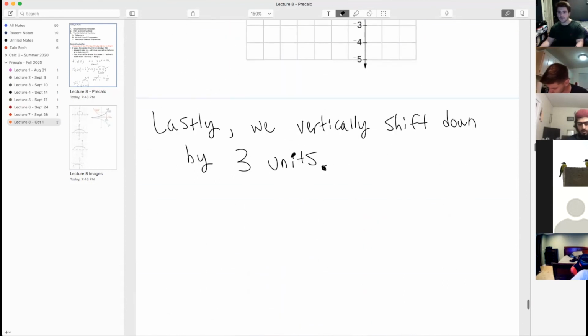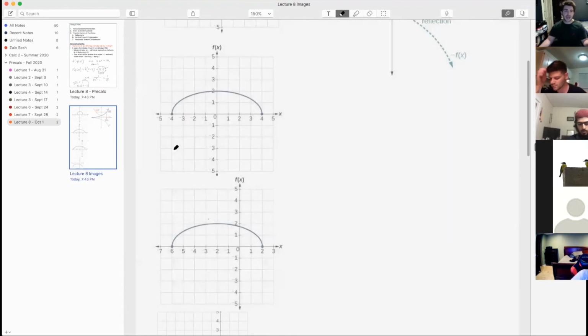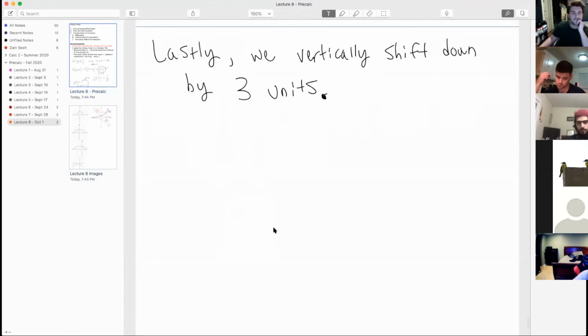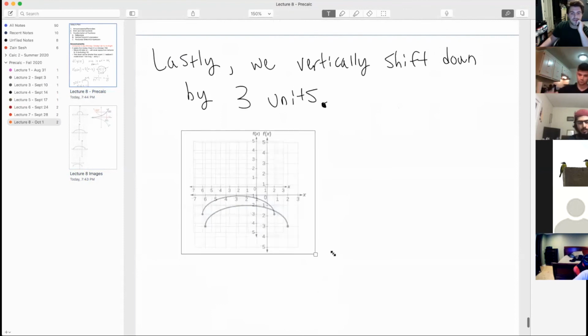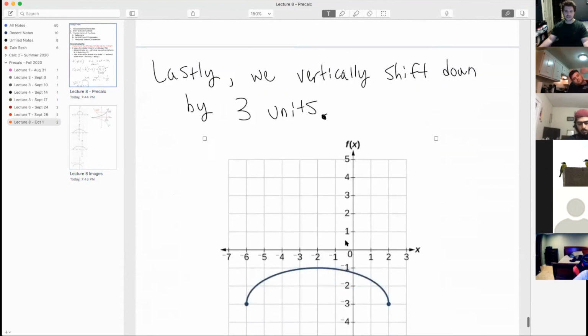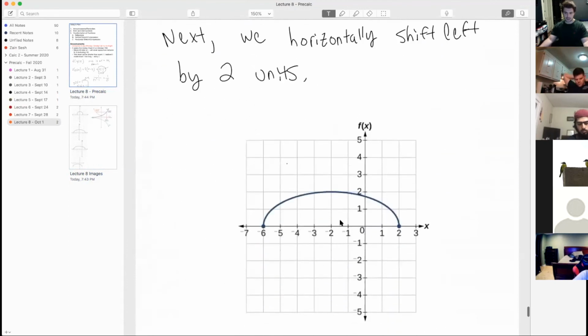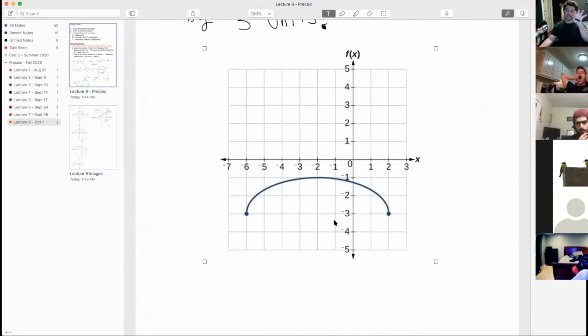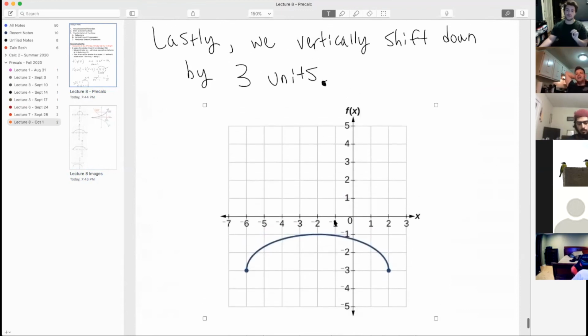So that's why we vertically shift down by 3, and that will finally take us to the final picture of the graph. And there it is. I hope everyone sees that from this picture to this picture, the only thing that was done was a vertical shift down by 3 units.